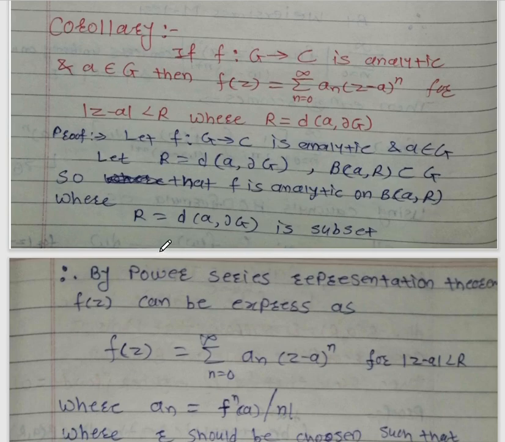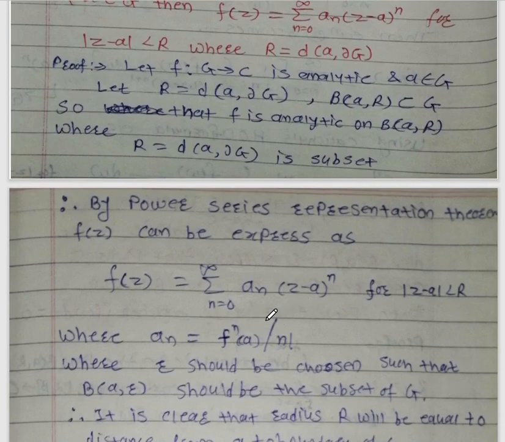So by using the power series representation of an analytic function, f of z equals summation n equals 0 to infinity a n (z minus a) to the power n for mod z minus a less than r. Here the term a n can be written as f n of a upon n factorial.